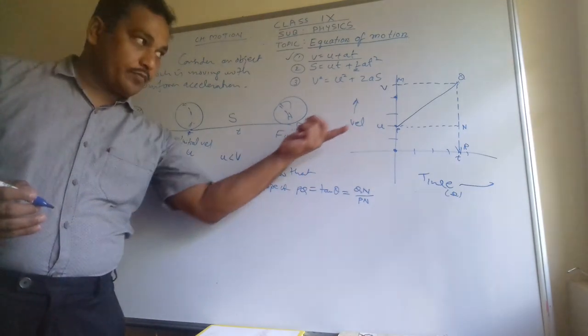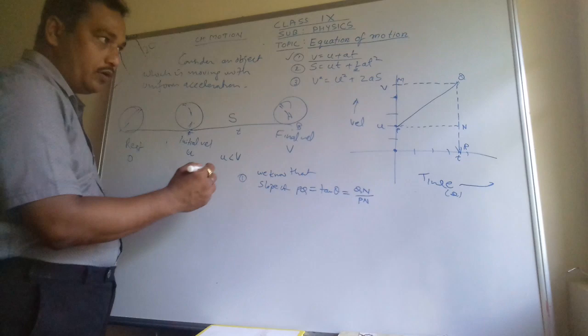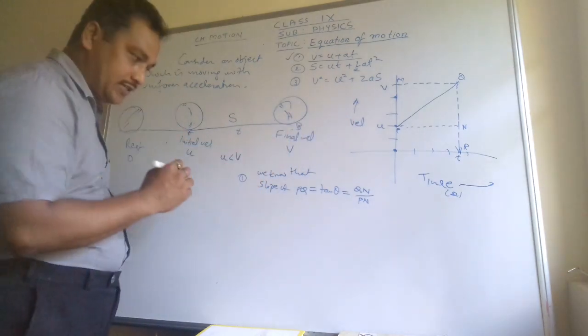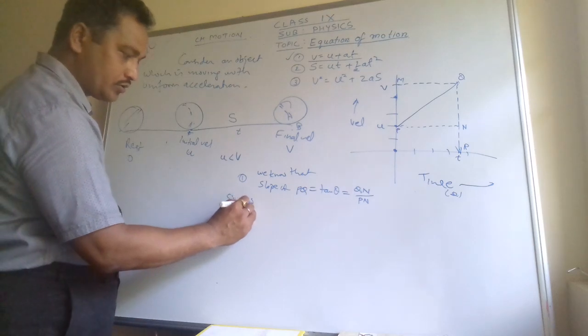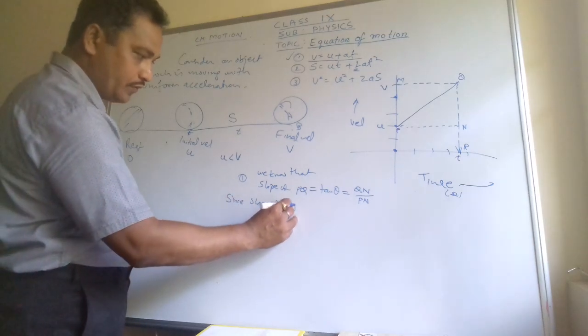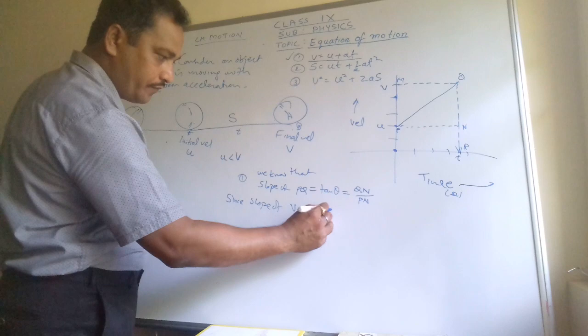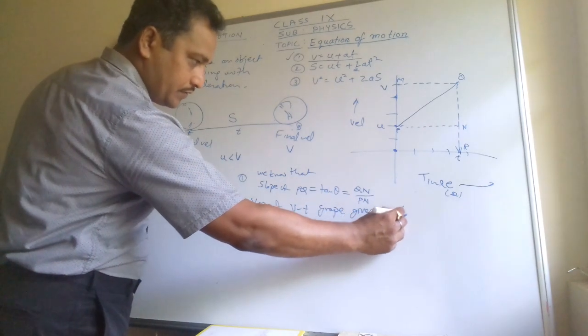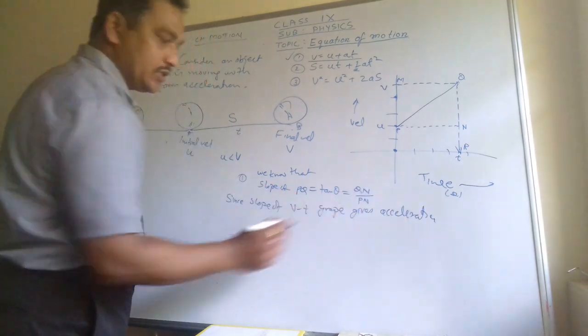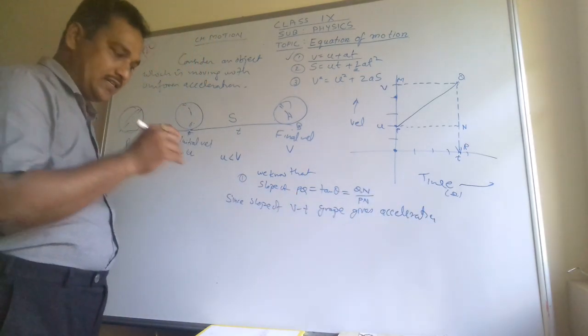So this will give the acceleration. We know that the slope of the velocity time graph is acceleration, and small a is the symbol we are using for acceleration.